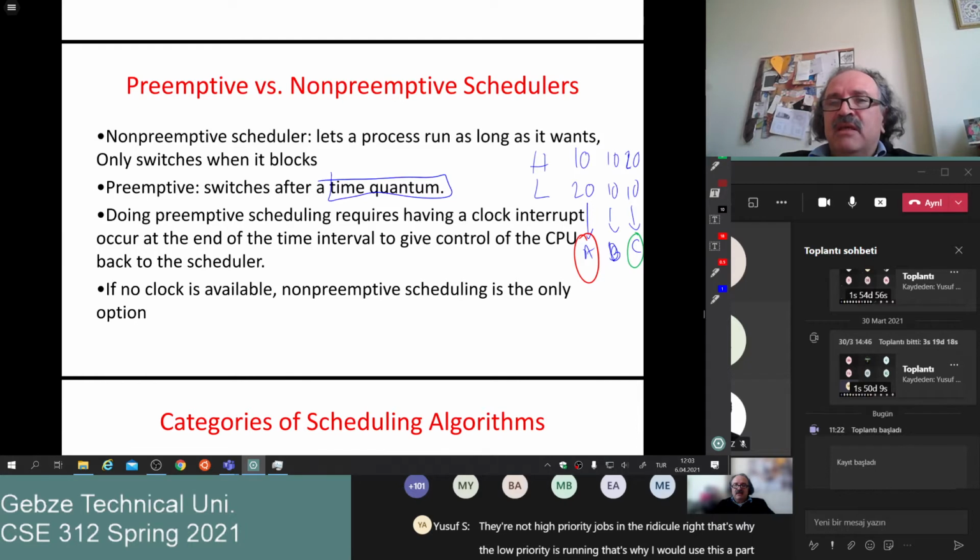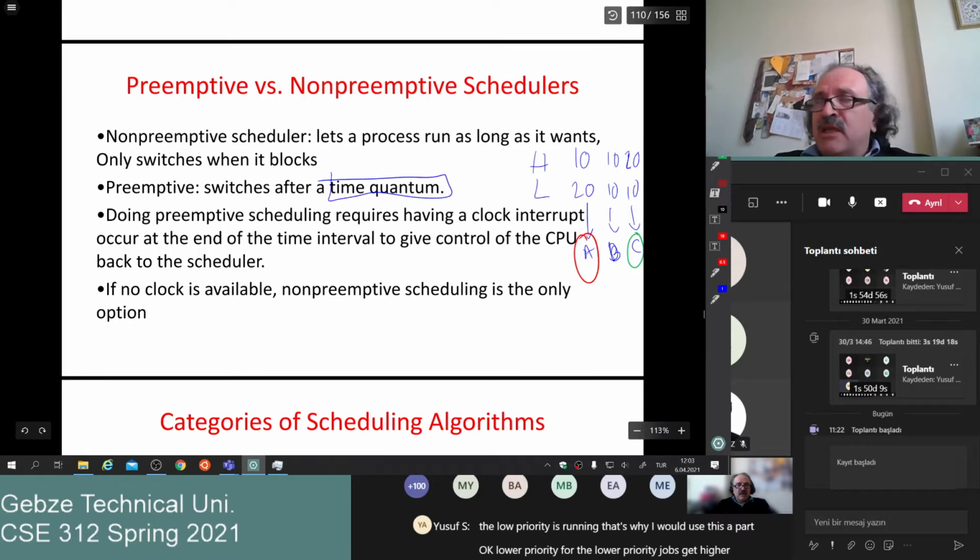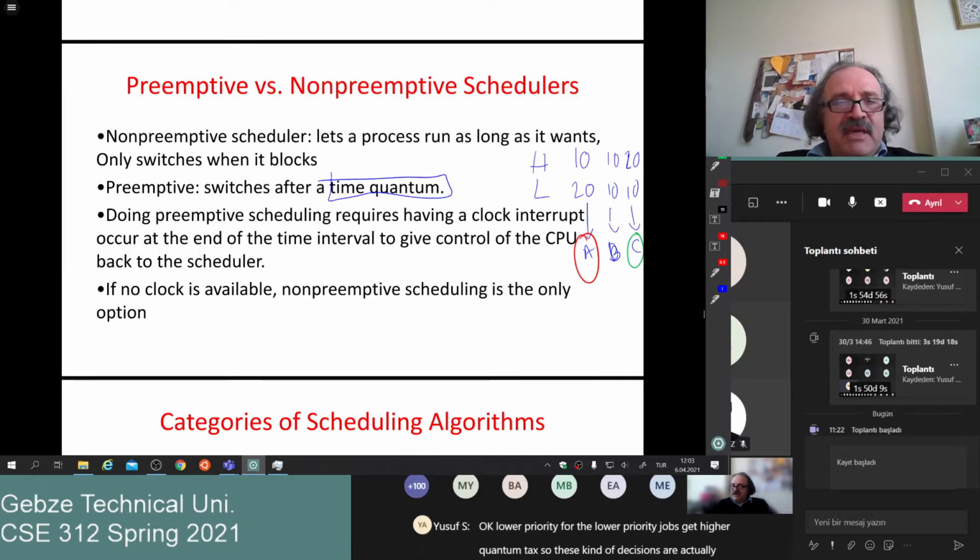Lower priority jobs get the higher quantum time. These kinds of decisions look complicated, but people have learned them with experience, and people have made decisions on them. And these are part of the operating system. The question started from this. Somebody asked, does the quantum time change from one release of the operating system to the next?